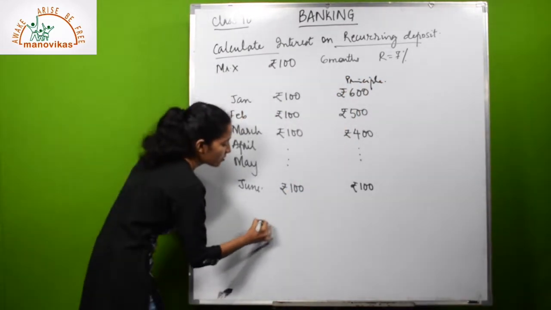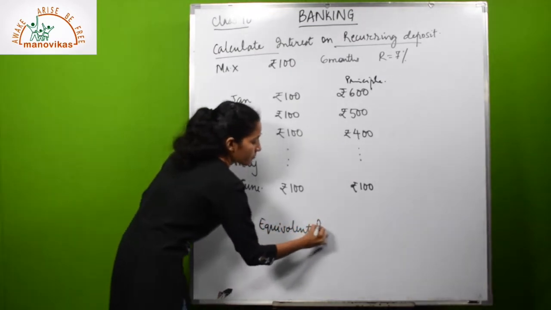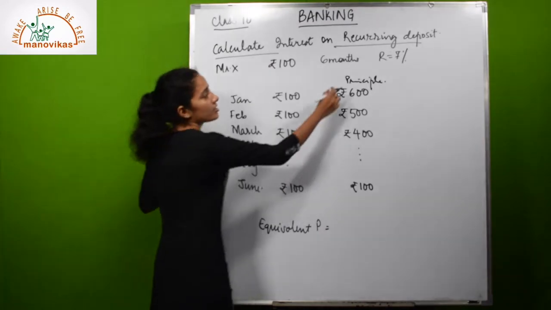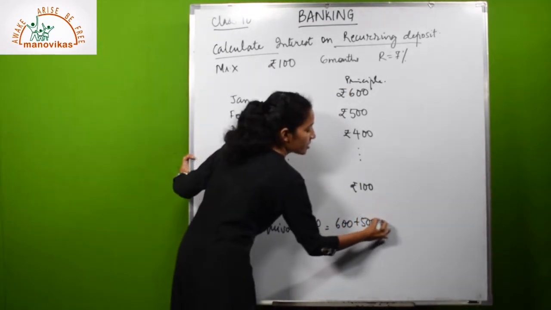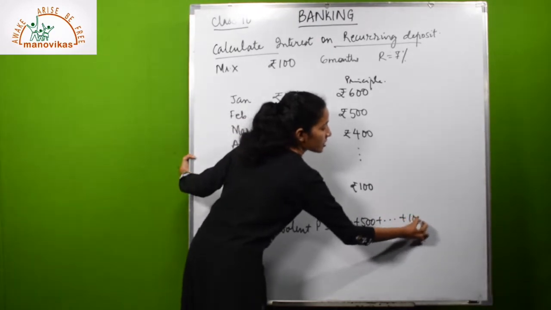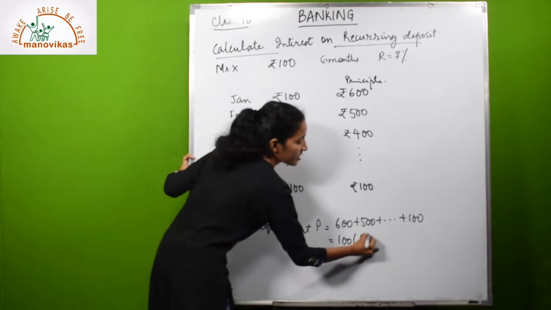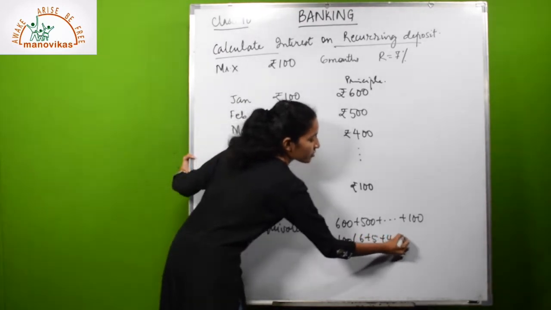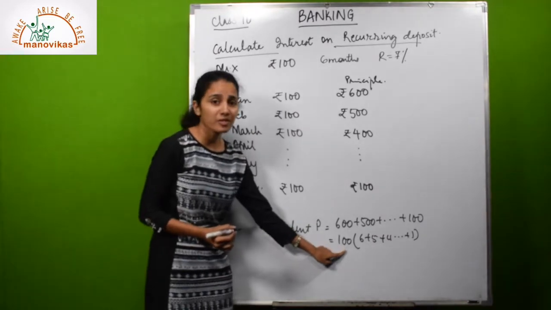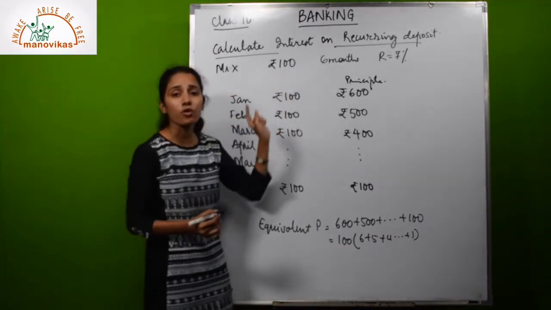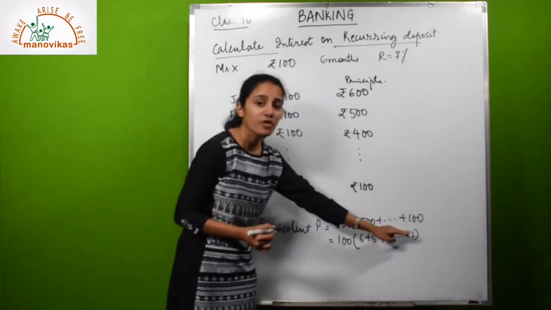Therefore the equivalent principal for 1 month will be the sum of everything. So you have 600 plus 500 and so on till 100. Taking out a common factor, that is 100, I am left with 6, 5, 4 and so on till 1. Now note that this 100 is the principal that Mr. X has deposited, and 6, 5, 4, 3, 2, 1 are the number of months.